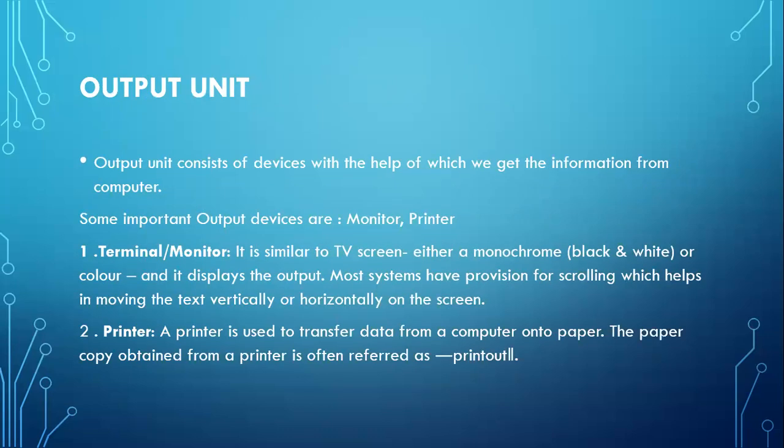Then we have the output unit. The output unit consists of devices with the help of which we get the information from the computer. This output unit can be a monitor or a printer. A monitor is the screen that shows what the user is browsing or reading or trying to do with the computer.